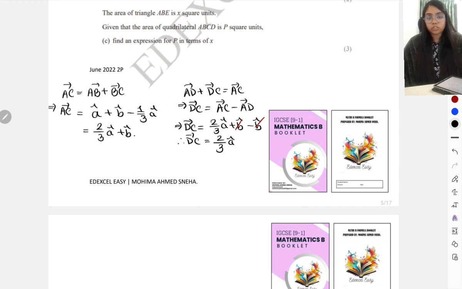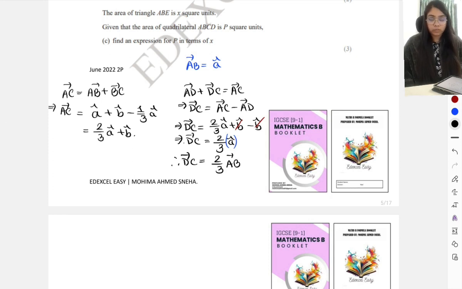So I can just write it over here at the very top. AB was just A vector. That means instead of writing this A, what I can write in the next line is that DC is equal to 2 by 3 AB, right? Because AB was the value for A, instead of writing A, we can write AB vector.